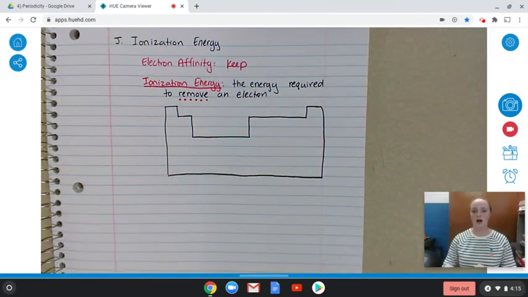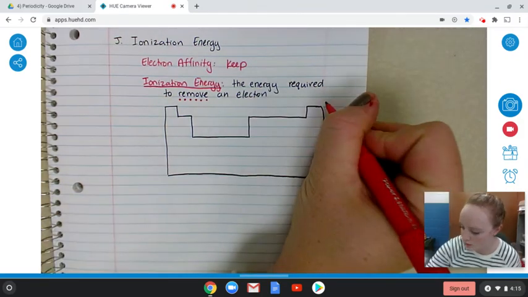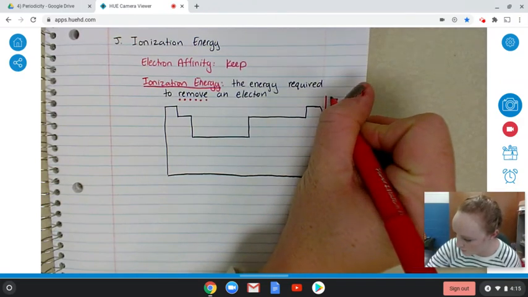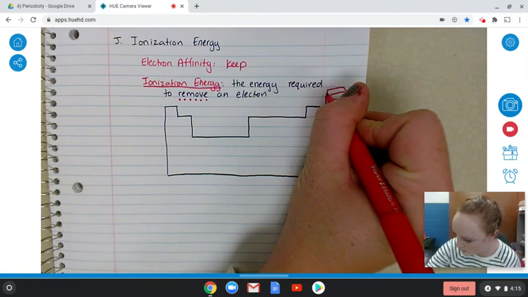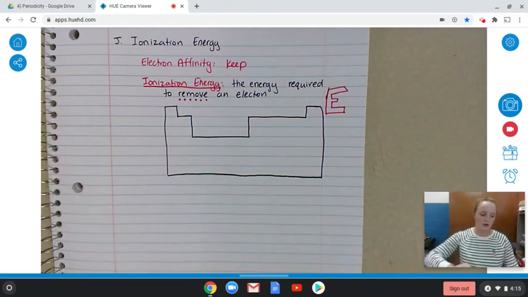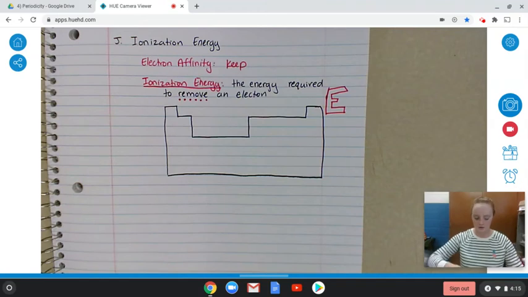Ionization energy is highest in that upper right-hand corner. So this is going to be our extreme for those electron trends. So I want you to put a big E. This is our extreme for the electron trends. As you go towards that upper right-hand corner, you're getting higher and higher values in our electron trends. And sharpening my colored pencil so I can fill it in.